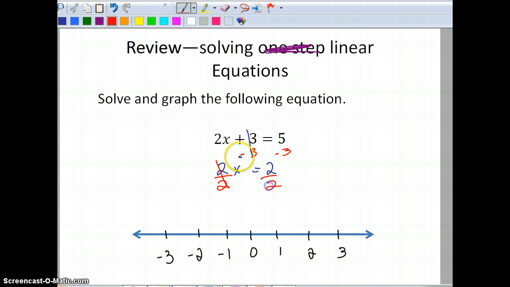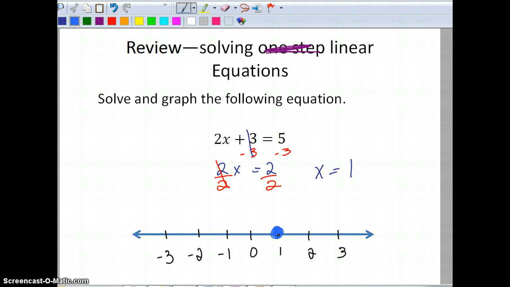Divide both sides by 2 and I get x is equal to 1. Now when I graph this on a number line, I'm simply going to go to 1, make my circle and fill it in. And that's all there is to it.